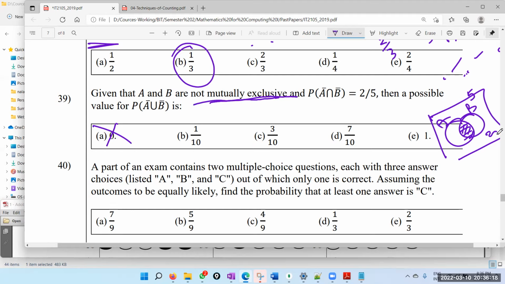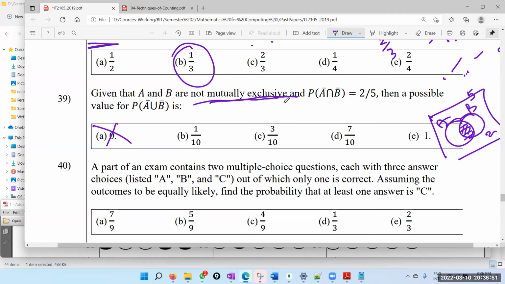So here we have 2. Probability of not belonging to A and not belonging to B. Here we have 2 out of 5. Possible value of, if we know this one, but I don't think they have given us enough details. 2 out of 5.